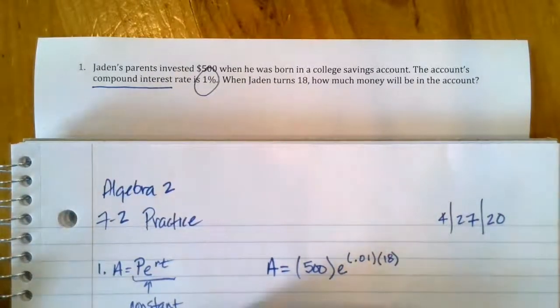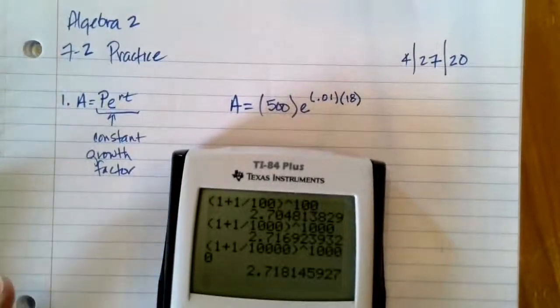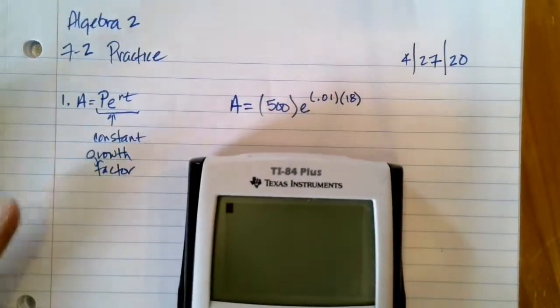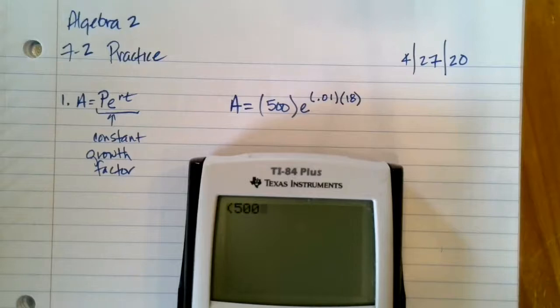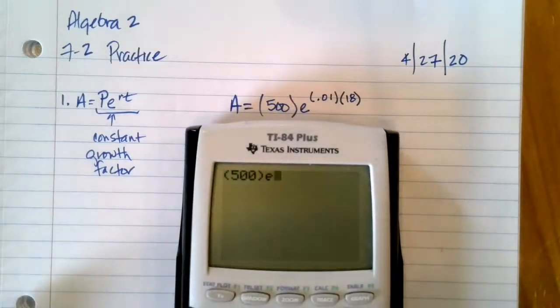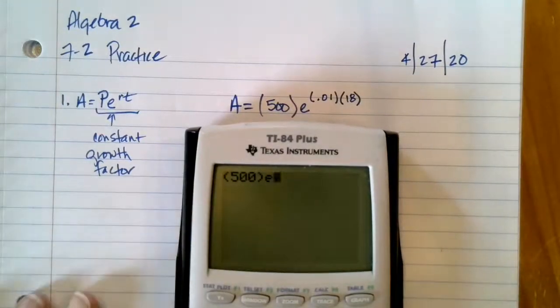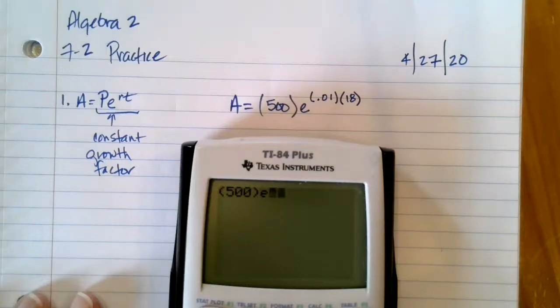So that's a quick calculator problem that we're going to be using when we go ahead and we put that into our calculator. So we'll go ahead and we'll say I have $500 and I want to multiply that by E. Remember, E is the second function above the division sign. And then that E is going to be to the parentheses 0.01 times 18.